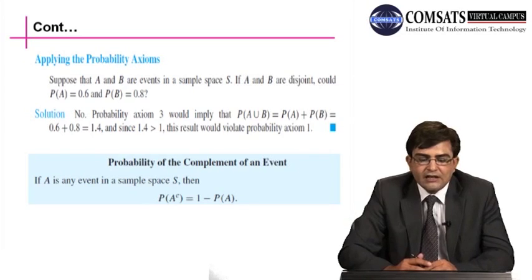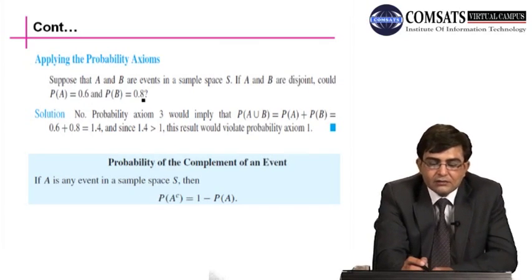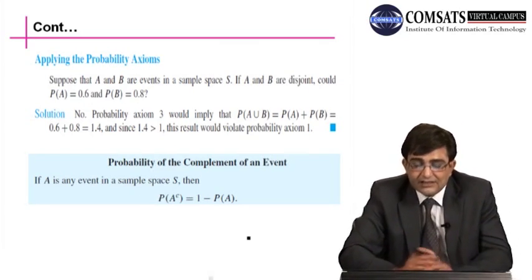Suppose that A and B are events in a sample space S. If A and B are disjoint, could P of A be equal to 0.6 and P of B be equal to 0.8? Is this possible?